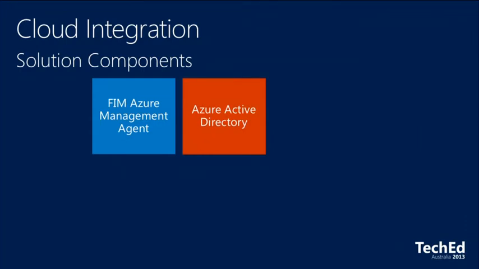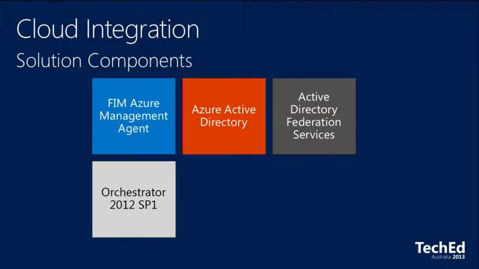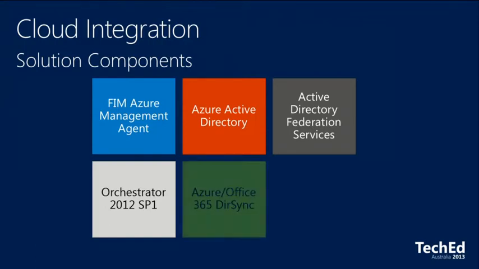Azure Active Directory, being able to synchronize your on-premise identities into an off-premise identity solution that has a bunch of add-ins to external systems. Active Directory Federation Services to give you claims-based authentication for on-premise web apps. Orchestrator for your enterprise system integration and being able to plug in with the use of PowerShell and Orchestrator management packs, integration packs to talk to Azure and other cloud and future cloud services.